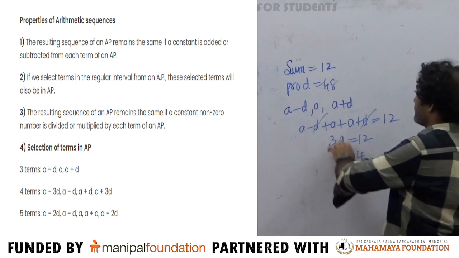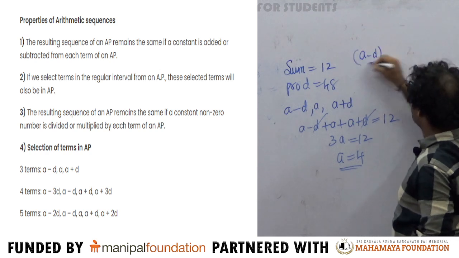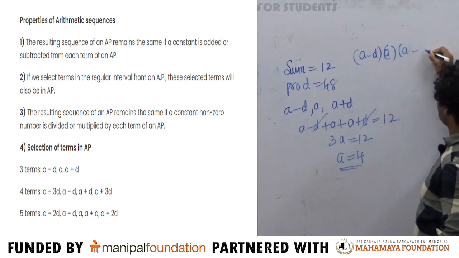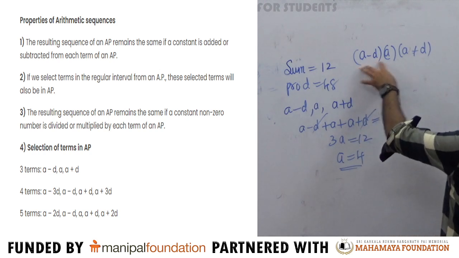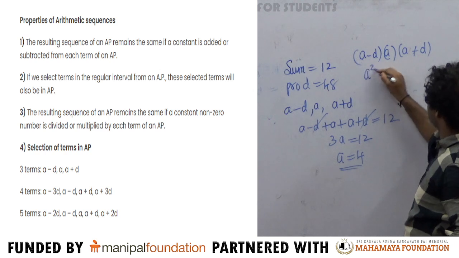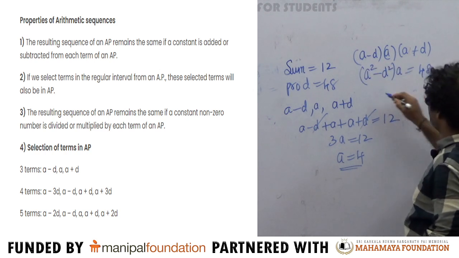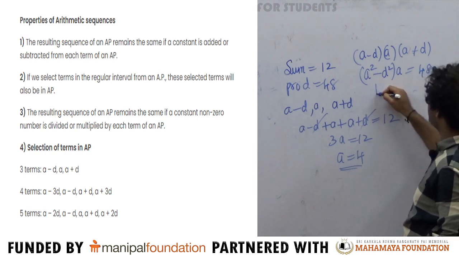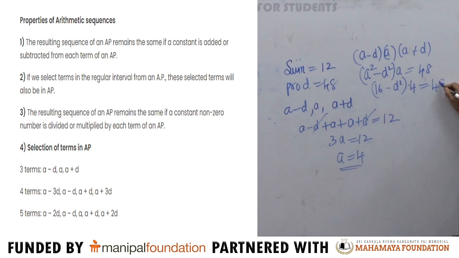Now come back here. Product is 48, meaning A minus D, A and A plus D. This looks like A squared minus D squared into A, isn't it 48? A squared is 4 squared, 16. 16 minus D squared into 4 is 48.